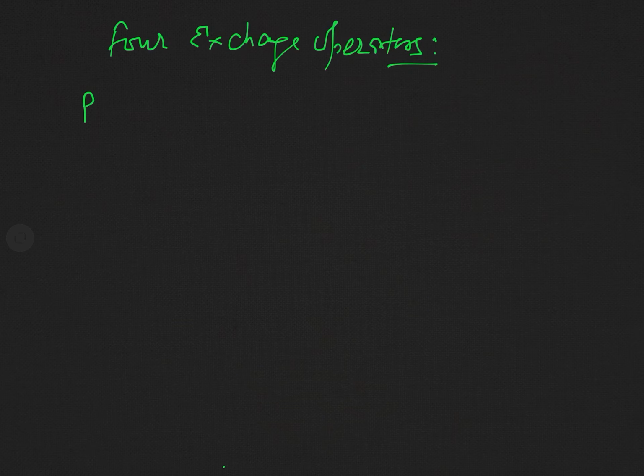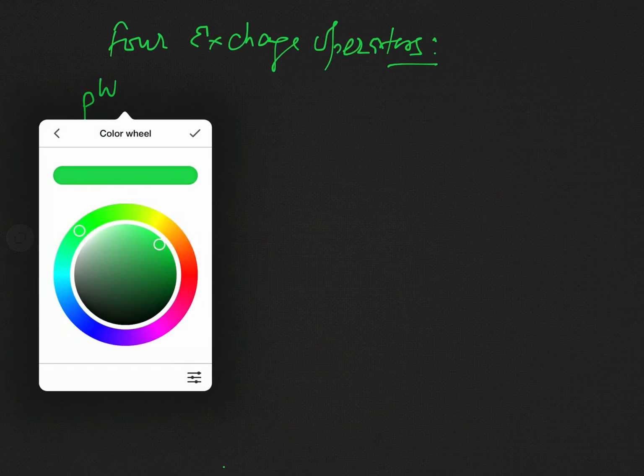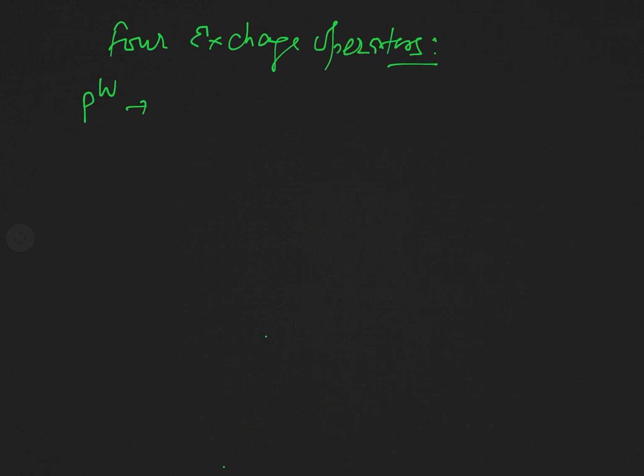We denote by the symbol PW the operator which is known as the Wigner exchange operator. Here W refers to Wigner.